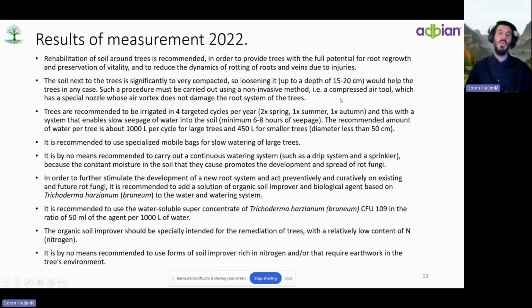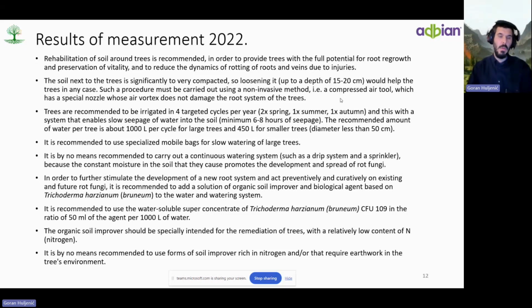And of course, we gave some recommendations on how to work with the soil around the trees, how to do the rehabilitation of the soil and some soil amendments with watering, so applying some mobile watering solutions, because these trees need all the possible means that we can use to push their root system to develop back.